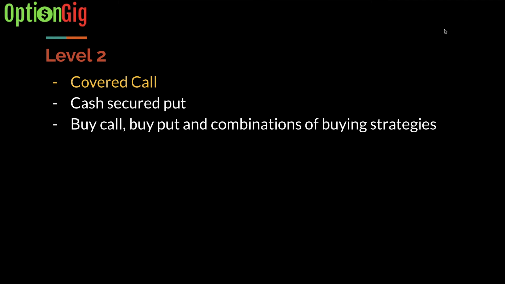That's why brokers do allow buy call and buy put as stand-alone option trading strategies for level 2. This is the most basic level that they allow. Now, if you have been following me, you would know that I do not like this, because over years of trading options, I know that buying options is not a winning strategy.